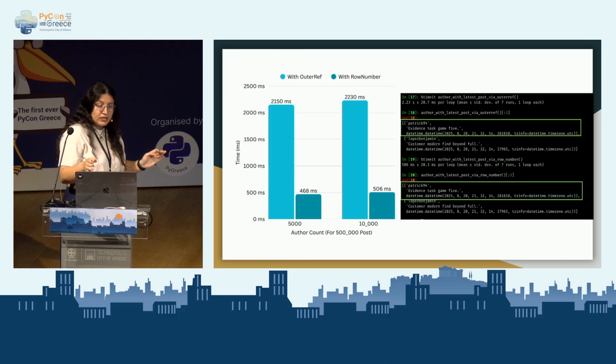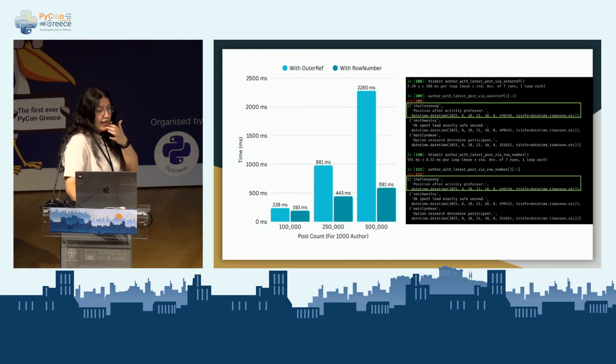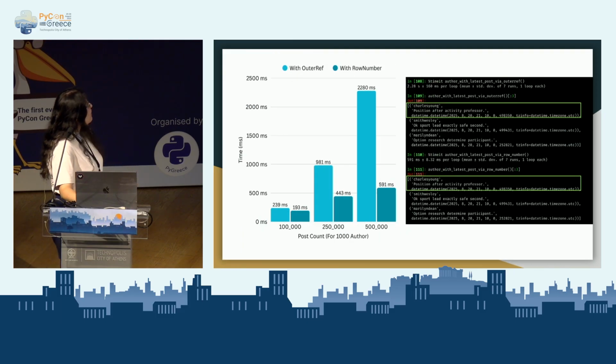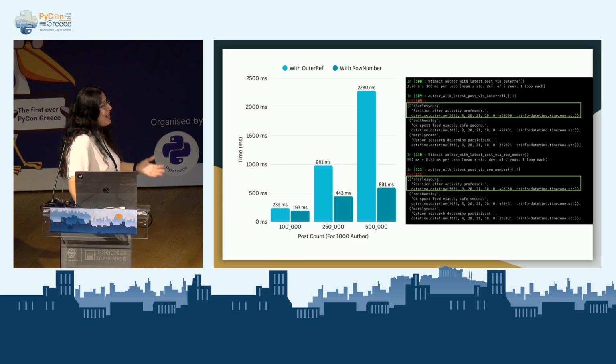And in the right image, you can see we can find the same result with row number. And here we have 1,000 authors. This time we grow the posts, and OuterRef takes more time than row number. And in the right image, as you can see, the result is the same.